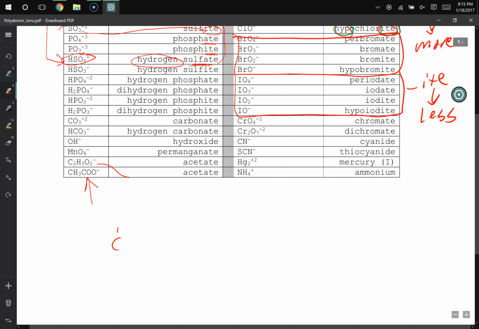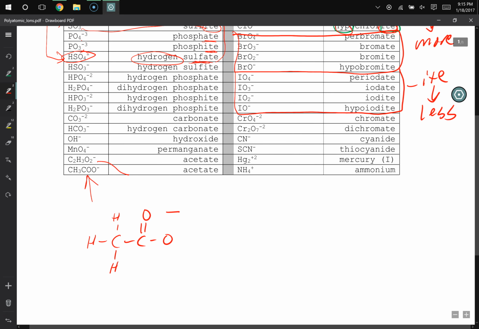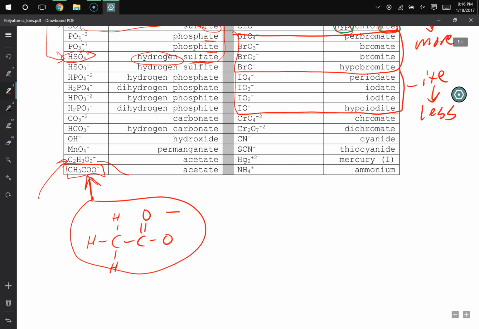So I've got a carbon that's bonded to 3 different H's, and then to a carbon, and then to an oxygen, and also to another oxygen. And all of this has a minus charge. So this guy here just helps you understand what the shape of this molecule is, where this one doesn't assist you with the shape. So most chemists actually use this version, but just in case you see somebody who doesn't, I've got both of them on here.